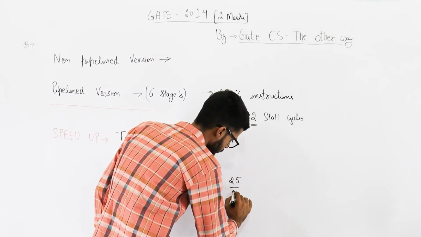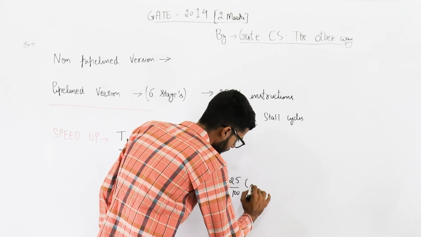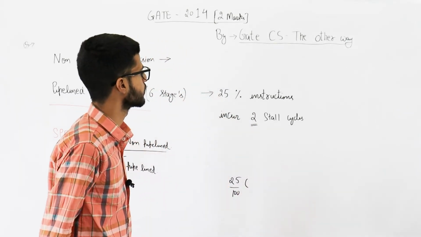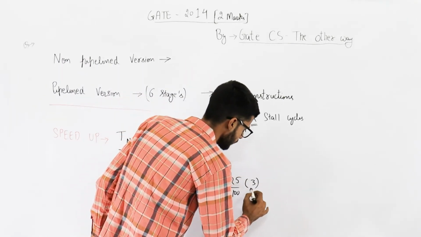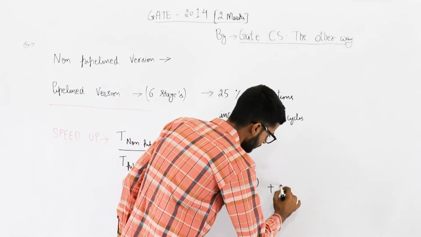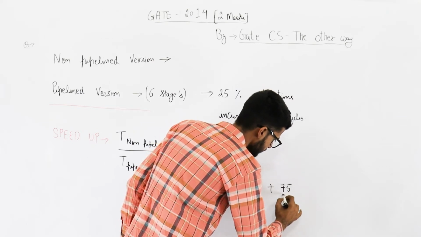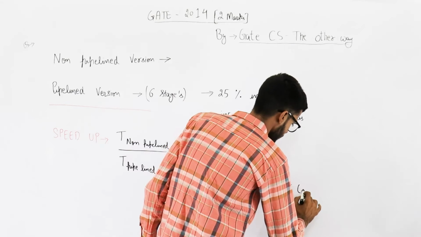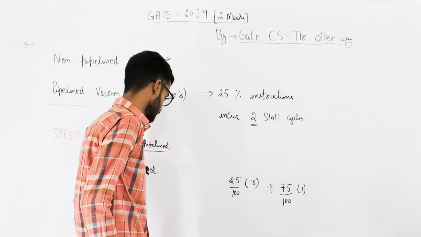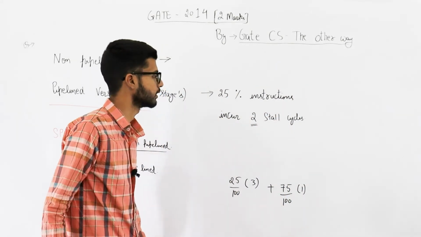25%, that means 25 divided by 100. These many instructions face a CPI of 3. We just calculated. The remaining 75% instructions are having a CPI of 1. Okay. That's given in the question indirectly.